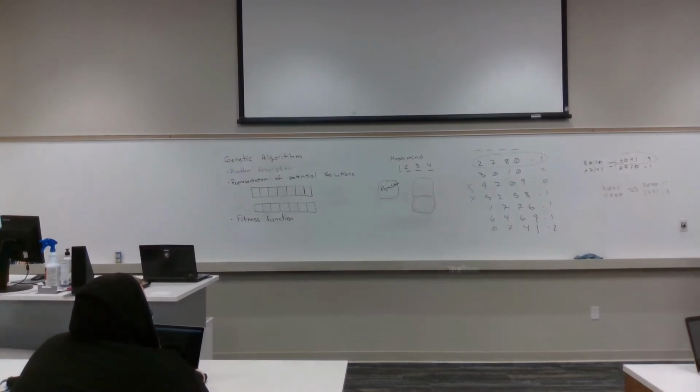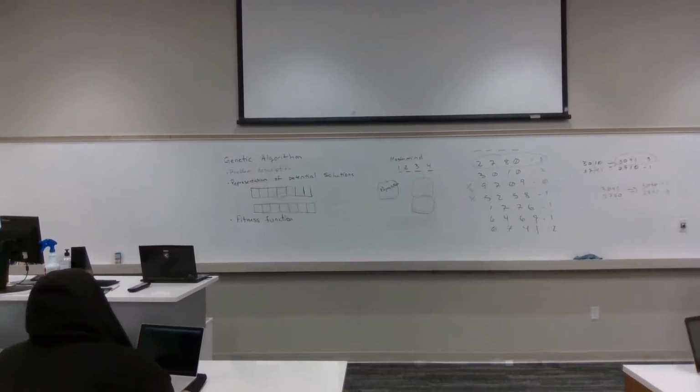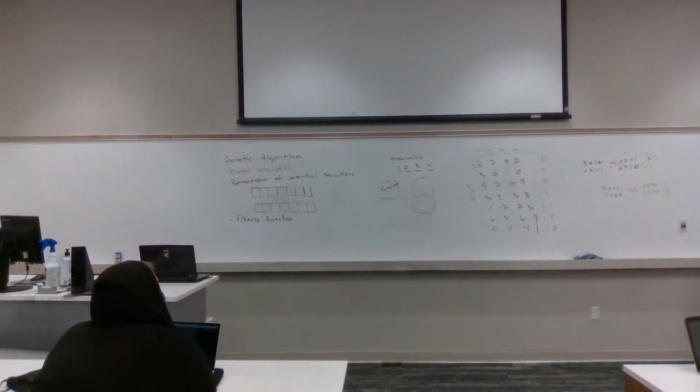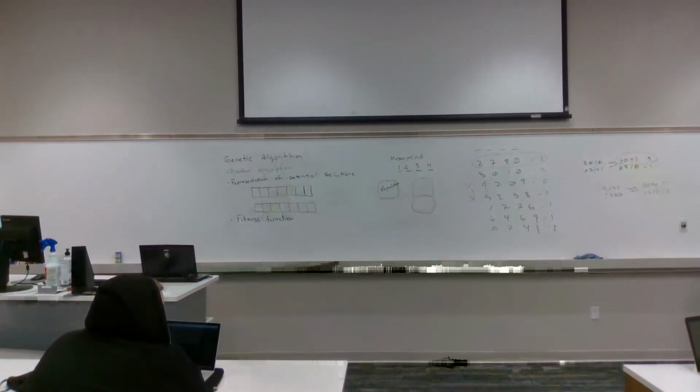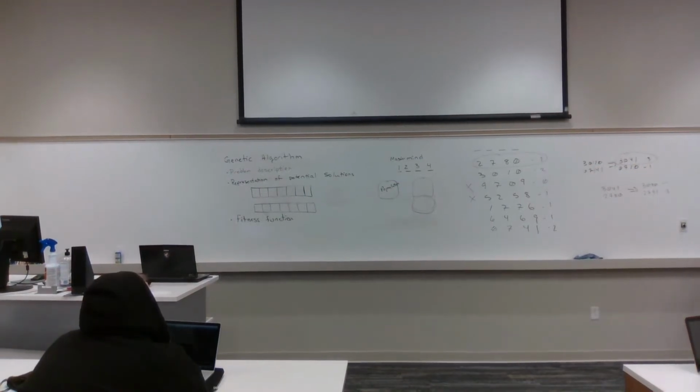And so what happens if we're just using this particular kind of crossover with these particular values? Will we ever get to 1, 2, 3, 4? Can we ever get to 1, 2, 3, 4?